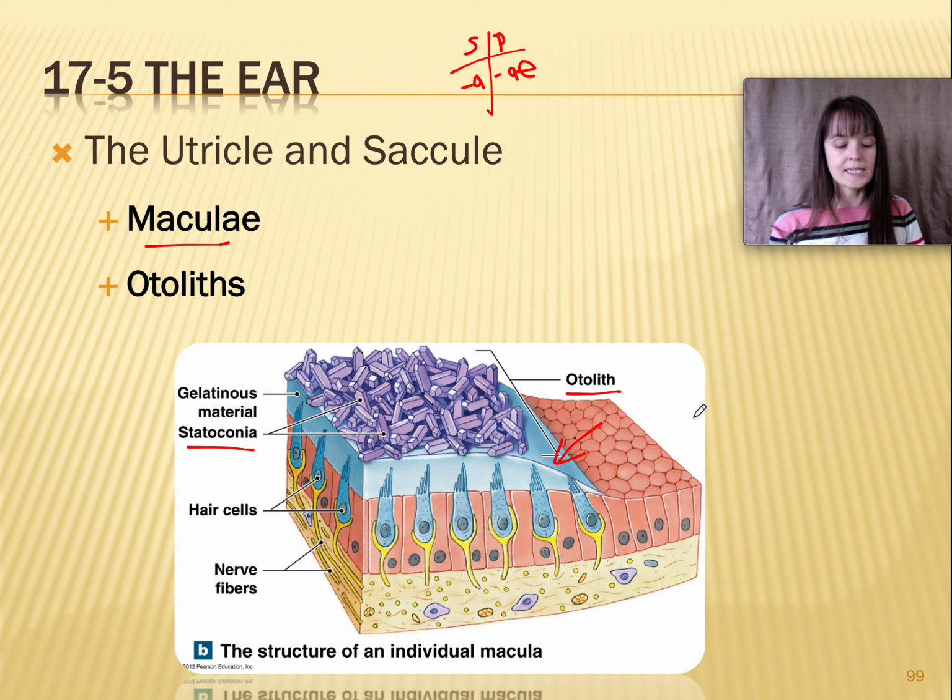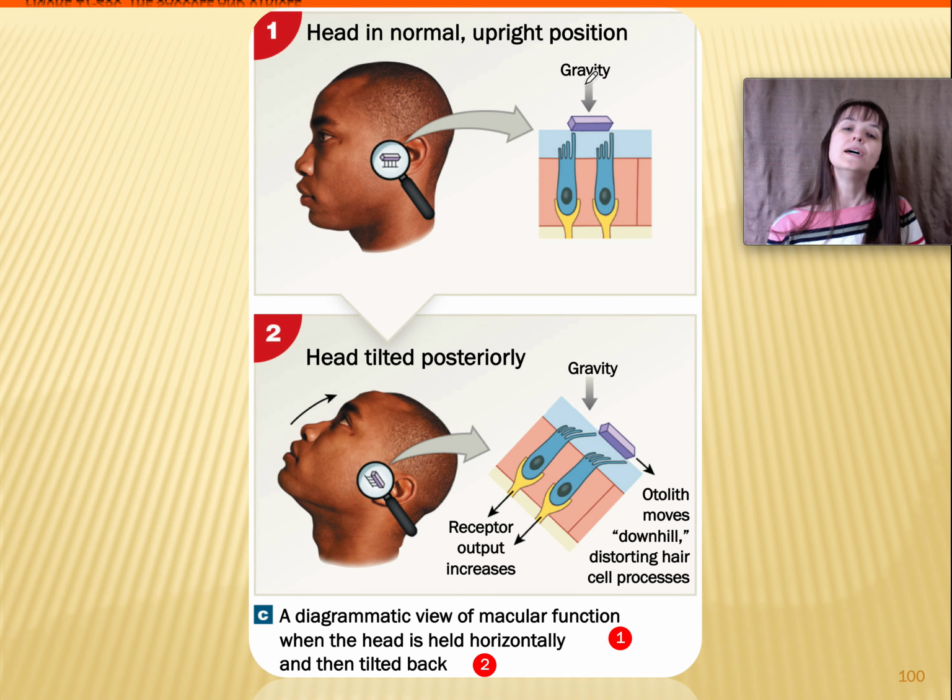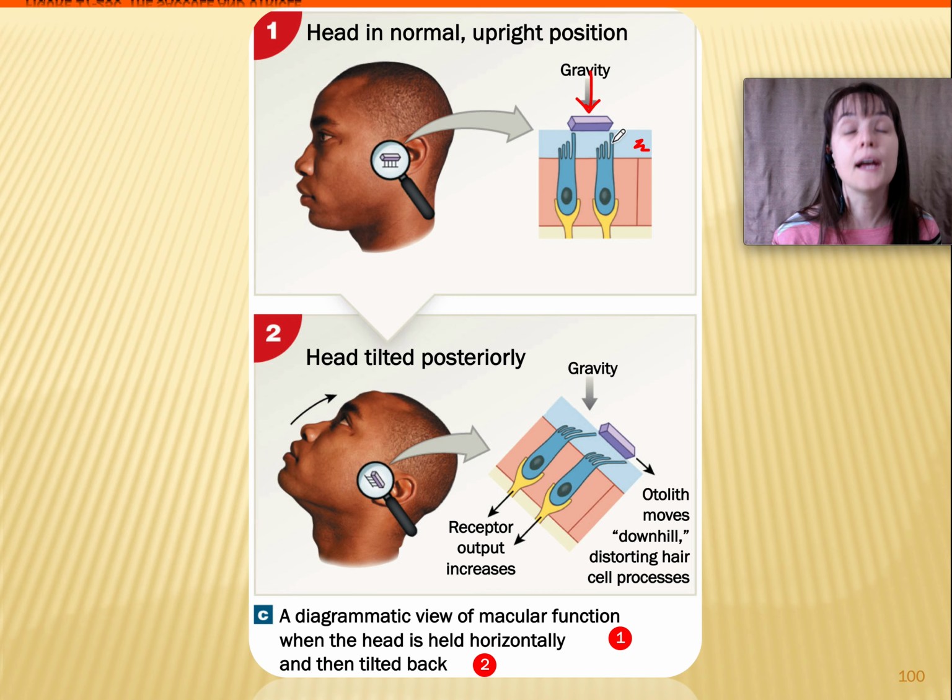Okay, describe how your body detects gravity and acceleration. There we go. Gravity pushes these ear stones, the otoliths, against this gelatinous stuff, which bends the hairs of the hair cells in a certain way. When you tilt your head, that changes the angle of the pull on the hairs of the hair cells, which is how you know that you just moved your head.